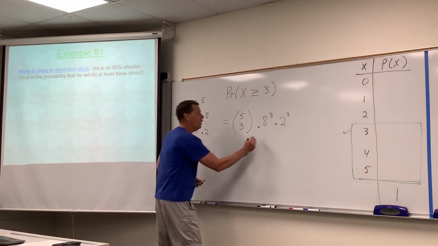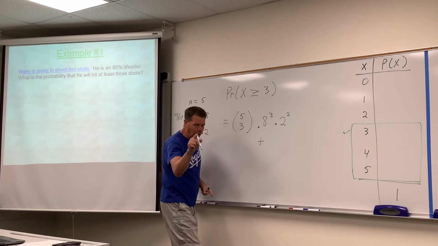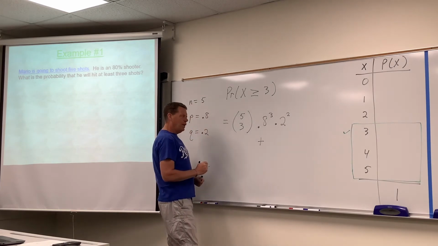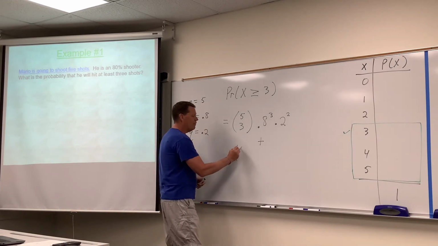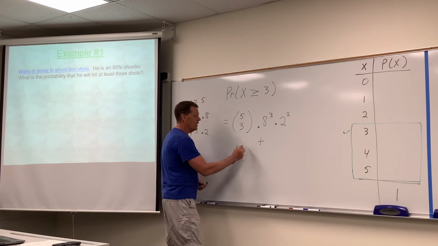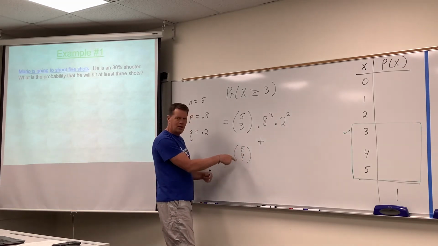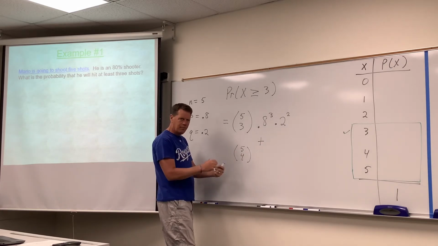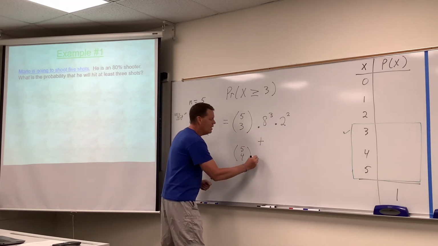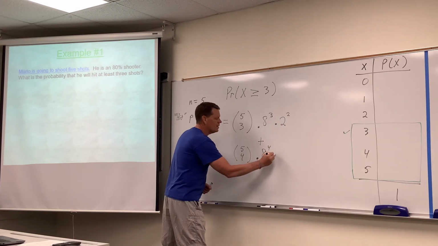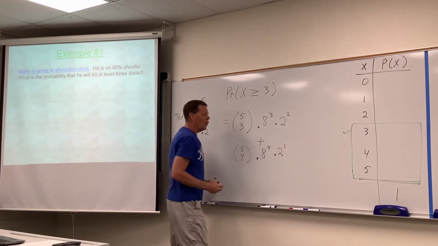Or he could hit 4. Hey, Mario, I'm going to give you 5 shots. You can choose 4 to hit. I don't care what order. That's why this, I want to remind you, is a combination, that calculator function that we practiced. You're going to succeed on 4 shots, therefore you'll fail on 1.